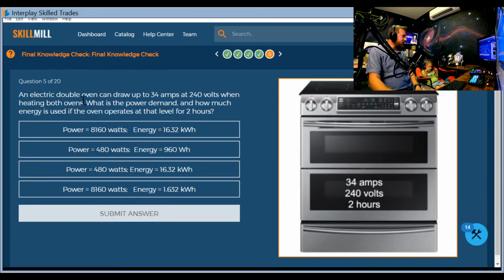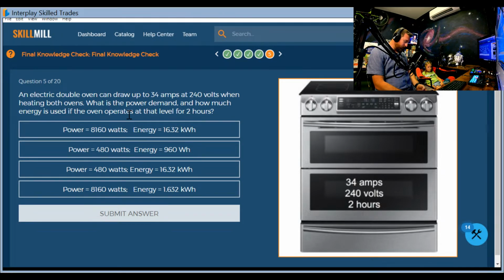An electric double oven can draw 34 amps at 240 volts when heating both ovens. What is the power demand and how much energy is used at that level for 24 hours? So it's volts times amps that gives you your power, which is watts.